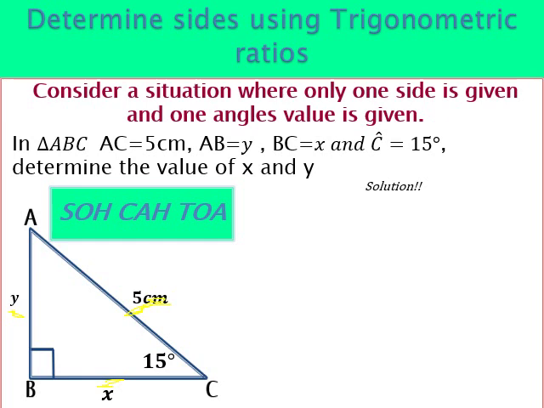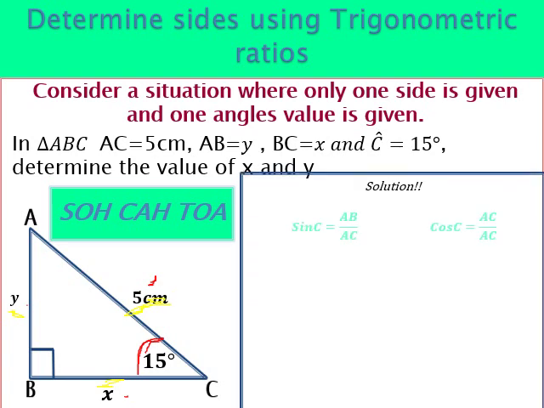If we were to determine sine 15 degrees, that simply means it is going to be y over 5 centimeters. That simply means that we're going to have one variable, which is our y. And also, if we were to determine cos 15, that simply means that we're going to have one variable, x, over that 5 centimeters.